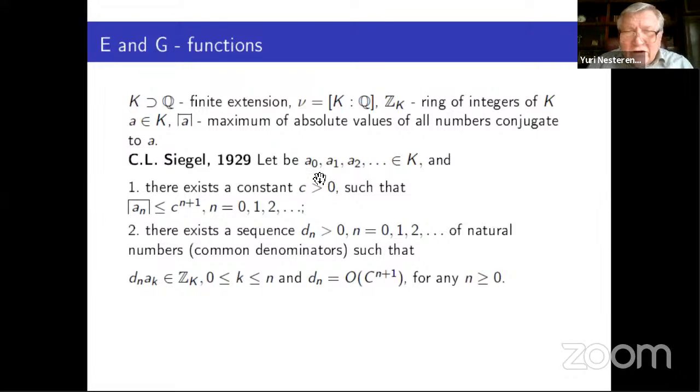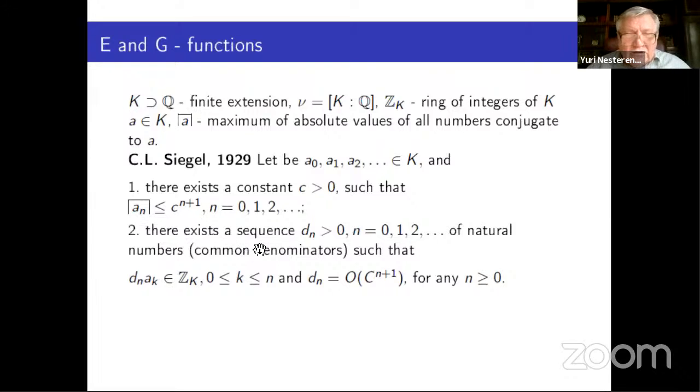Let A0, A1, A2, and so on be numbers from the field K. At first, there exists a constant such that all conjugates of the n-th coefficient are less than or equal to some constant to the power n plus 1. The constant depends on the sequence.